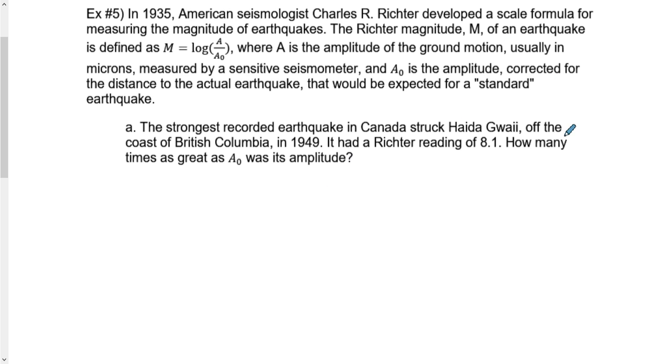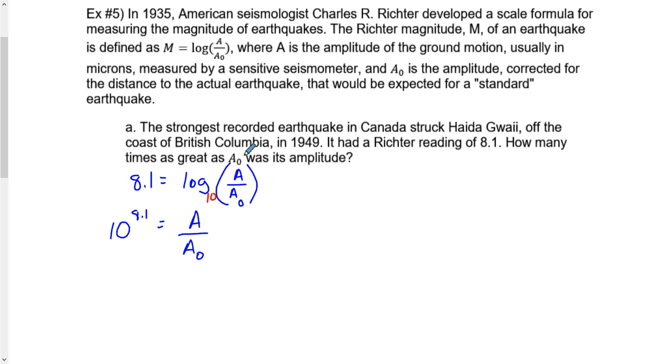So this one's again a word problem to try and see the context of it. We're going to go really quickly. Richter magnitude m is 8.1, log of A over AO. So to find out how many times it was, log is the same as log base 10, which means if we do our whiplash, 10 to the power of 8.1 would equal A over AO.